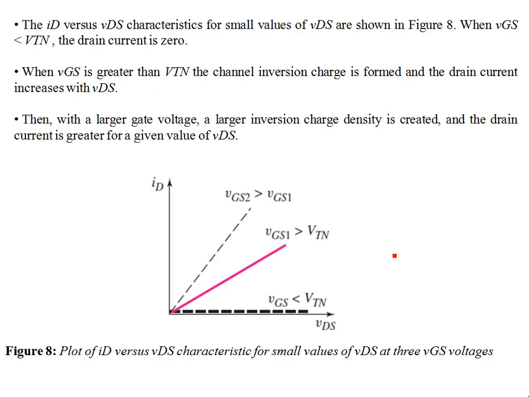All right, now, this figure summarizes the entire story of the threshold voltage. You see, if your gate to substrate voltage is less than VTN, the transistor is off. By off I mean the ID is 0 over here.